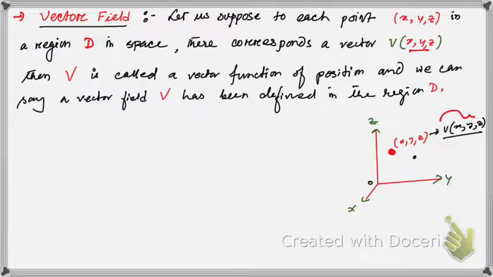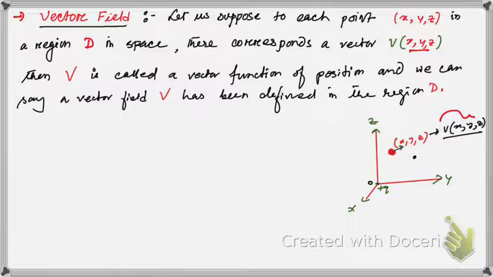It may be an electric field or a magnetic field; these are vector quantities. If you keep a positive charge q at the origin, then due to this charge there must be an electric field at this point.